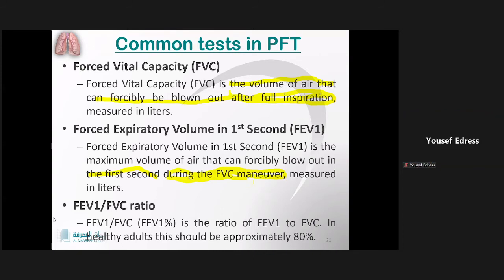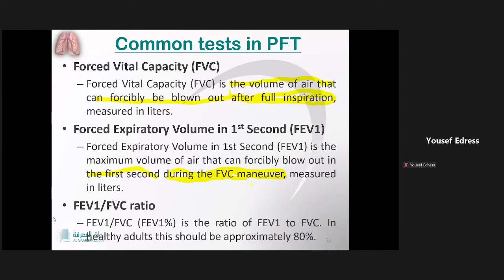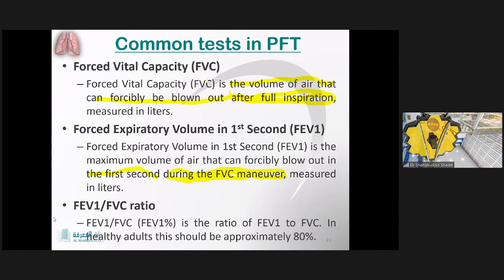Can you remember maneuver yani procedure? All of you? Yes. What is maneuver? Procedure. So when you are doing procedure for FVC, so when you are breathing out, whatever air comes out in first second is called as FEV1.